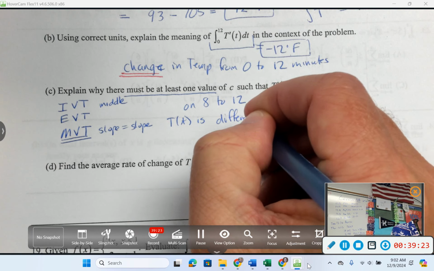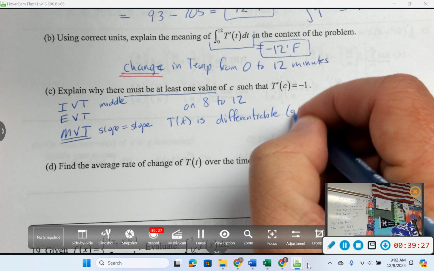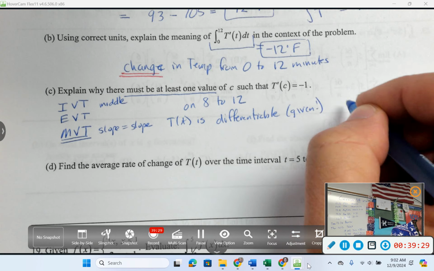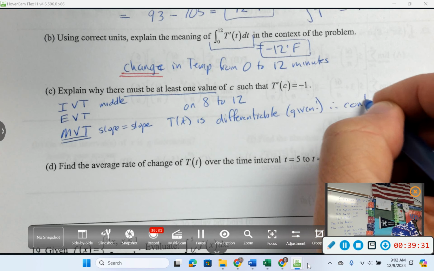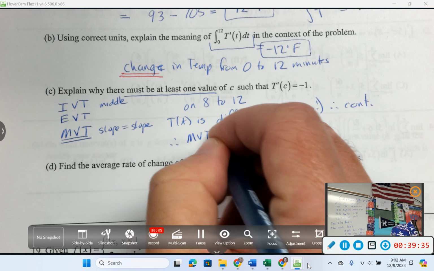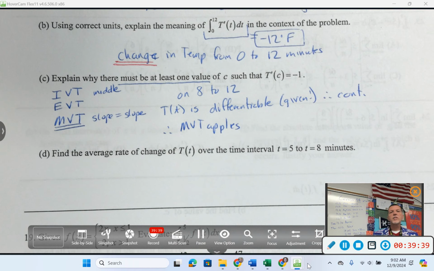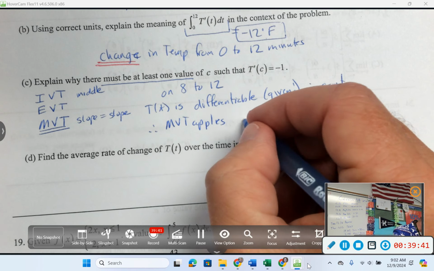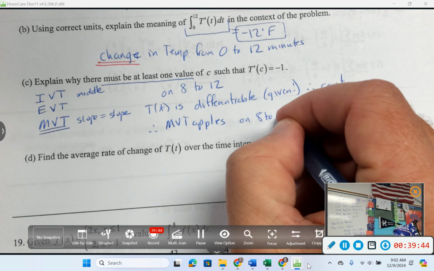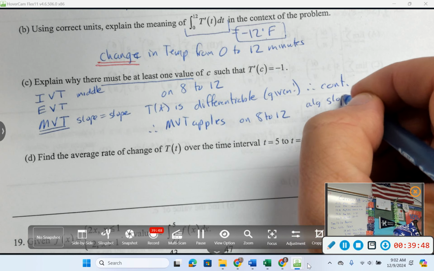T is differentiable, given, therefore continuous, therefore MVT applies. So now we can do on 8 to 12. MVT is algebra slope equals calculus slope.